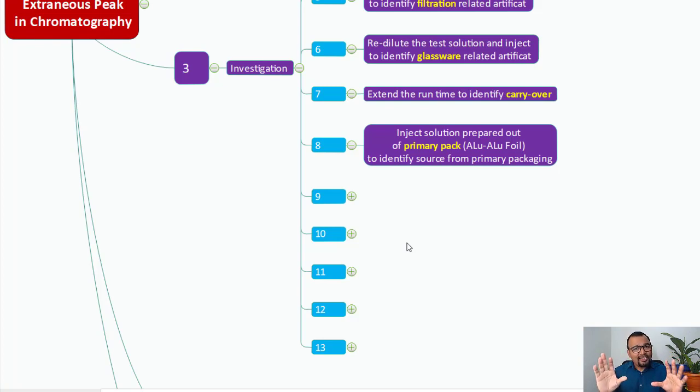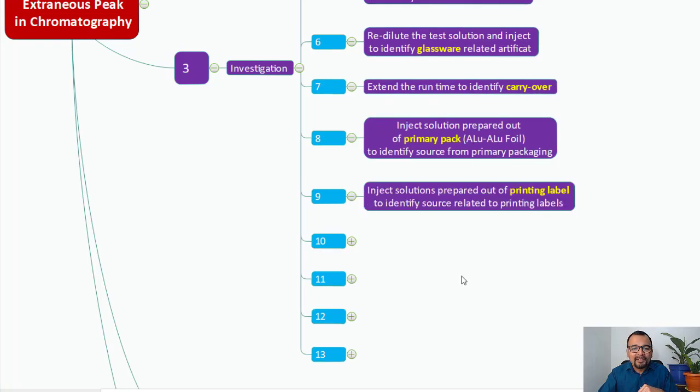So prepare the test solution by using the primary packaging materials, let us say alu pack, alu foil, and then identify whether you are finding a similar extraneous peak in the chromatographic run.